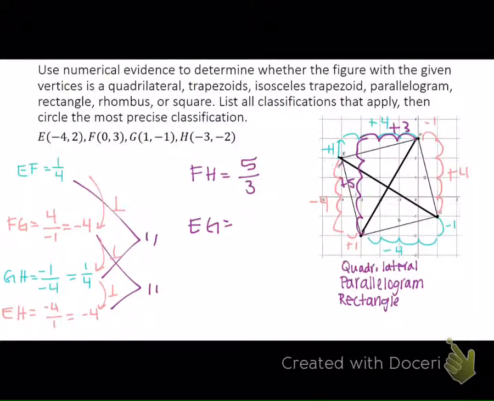And EG is down 1, 2, 3 over 1, 2, 3, 4, 5 to the right. So that's negative 3 over 5. Are those perpendicular? Yep. So do we have a rhombus? Yep. So what else do we have then? A square. Since we have both of these, it is a square, which is the most specific. And we are done.